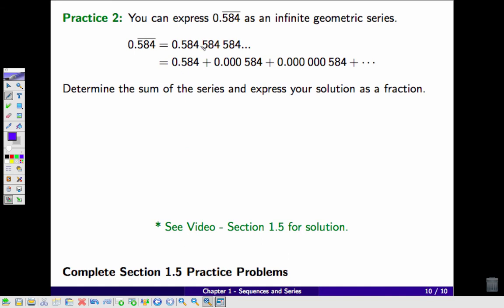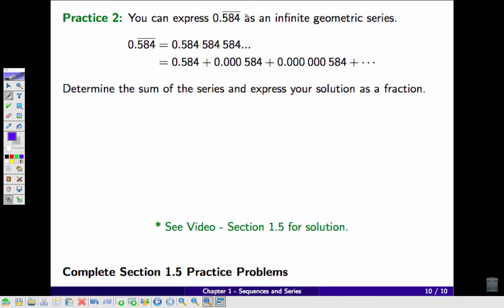Now this is a really cool example. This is how we're going to finish off the chapter. You can actually use series to convert decimals that have a repeating decimal into a fraction form, which can be very useful.